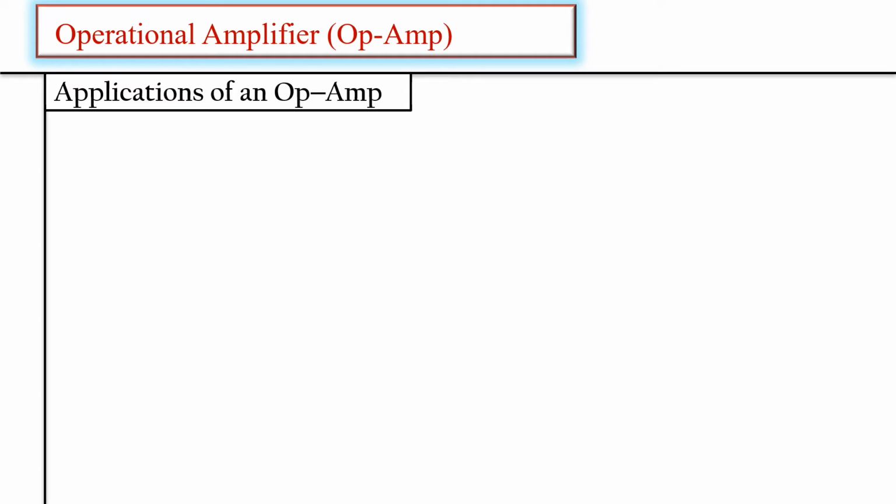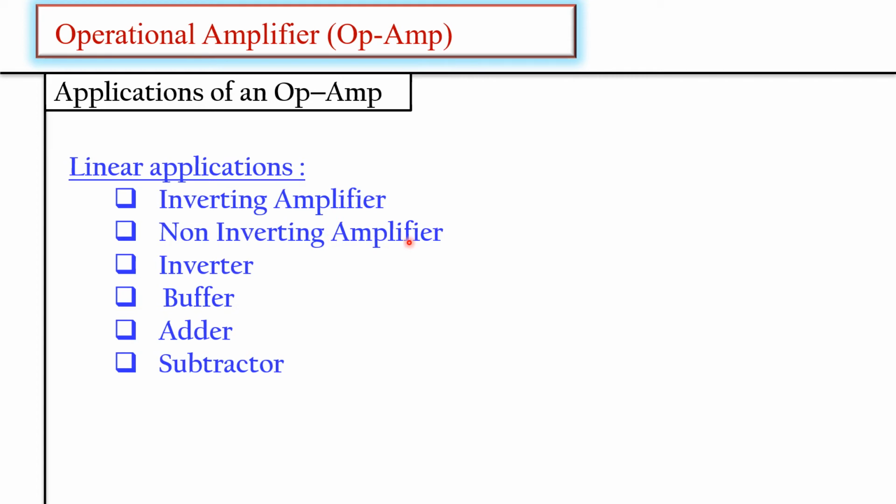Applications of an op-amp. There are many applications of operational amplifiers. The important linear applications are inverting amplifier, non-inverting amplifier, inverter, buffer and subtractor, wherein the output has a linear relationship with the input.